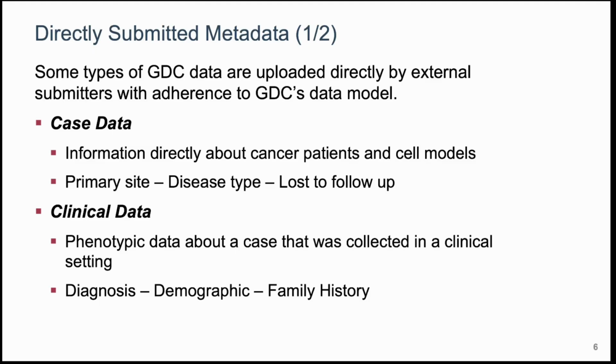This is information that's directly about cancer patients and cell models in projects that involve cell models instead of patients. And this includes things like the primary site where the primary tumor was found anatomically, the disease type, which is a larger scale classification of the disease, something like adenocarcinomas might be one. And loss to follow-up is another example of information about the case specifically.